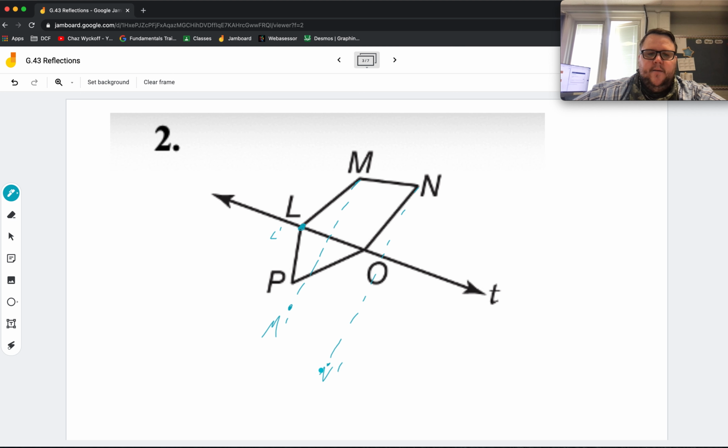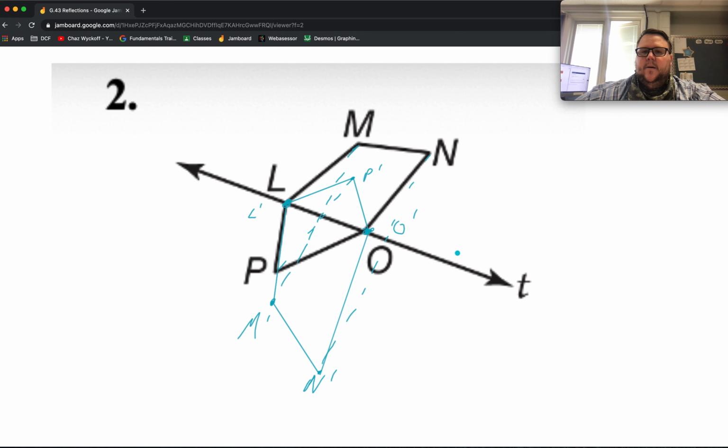That's N prime. O is on the line, so O prime stays right there. And then P, P prime. Then I'm going to connect these. L goes to M, M goes to N, N goes to O, P, and back. And so that is my pre-image and my image.